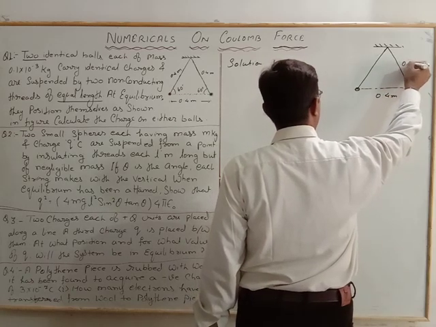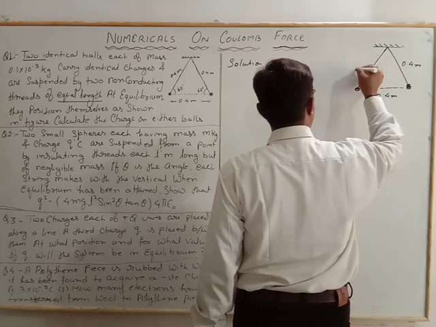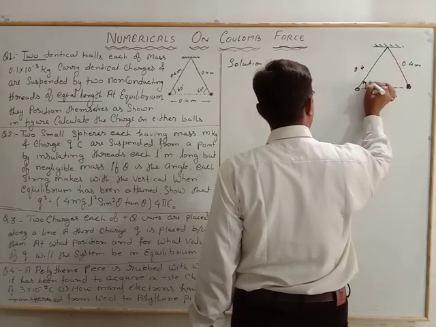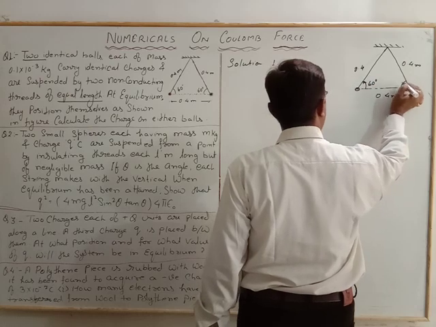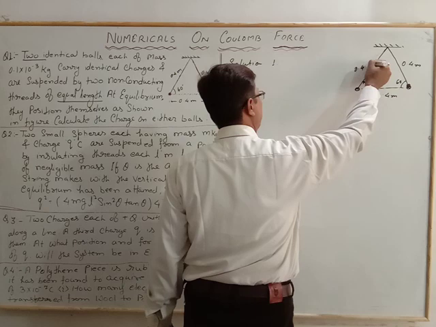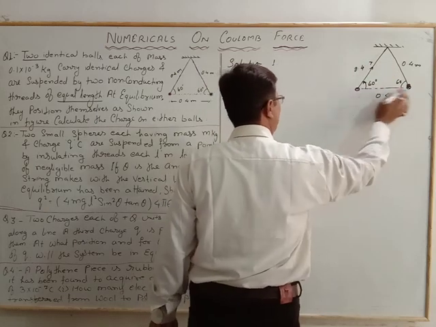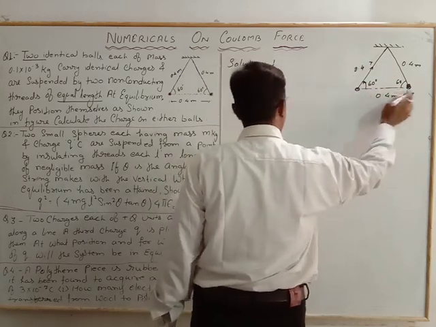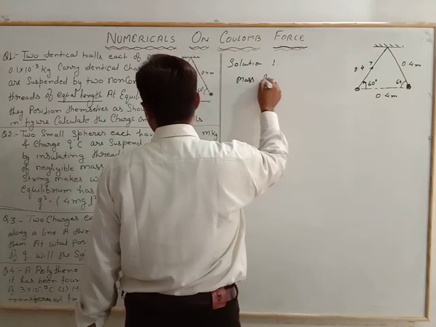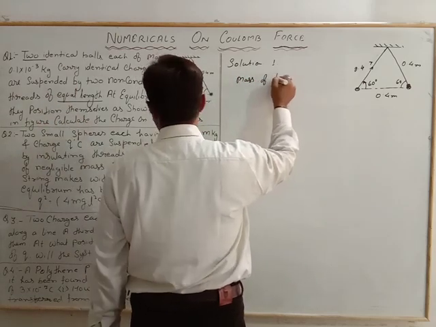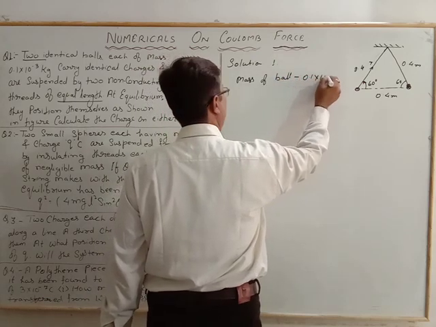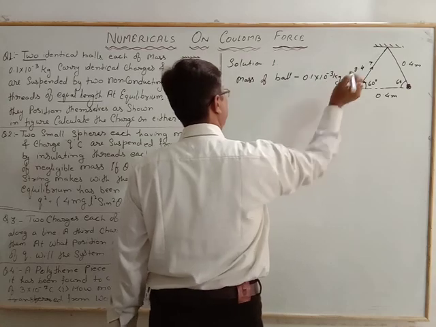Here also 0.4 meter, here also 0.4 meter, and they are in equilibrium with an angle of 60 degrees here and 60 degrees here. Now the tension in the insulating thread is T. The mass of the identical ball is 0.1 × 10^-3 kg.